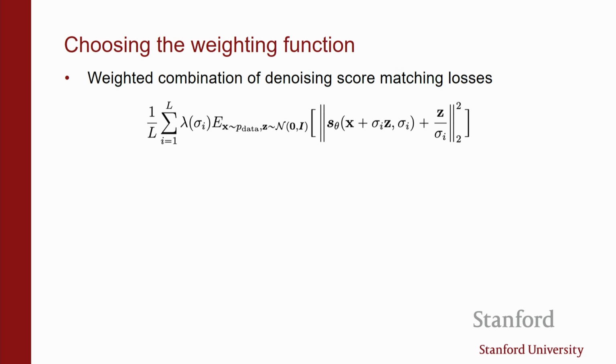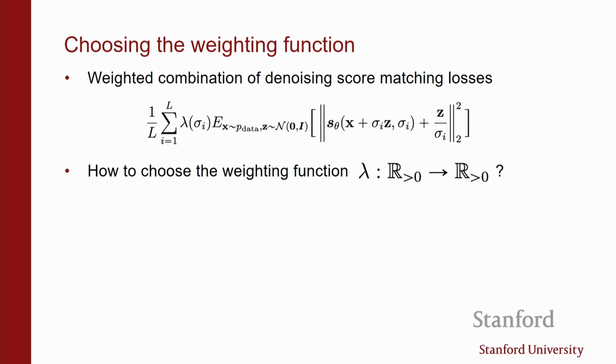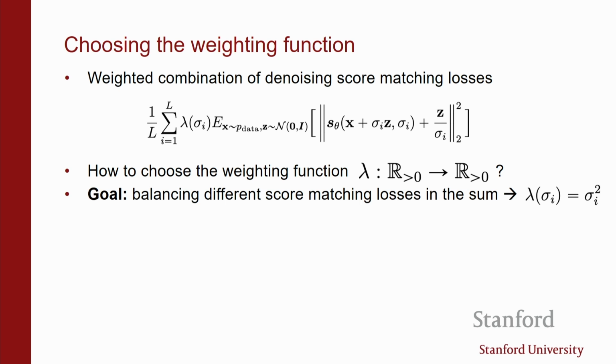And so how do we choose this weighting function? The idea is that you want to balance the importance of the different components in the loss, and a reasonable heuristic that again works well in practice is to choose that to be equal to the amount of noise that you're adding at that level.